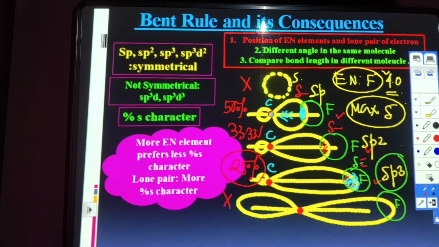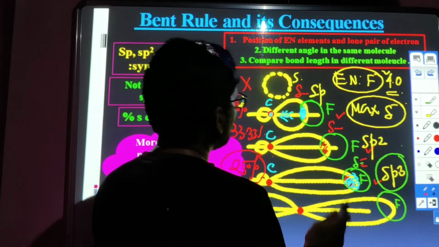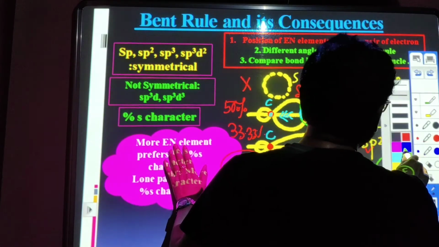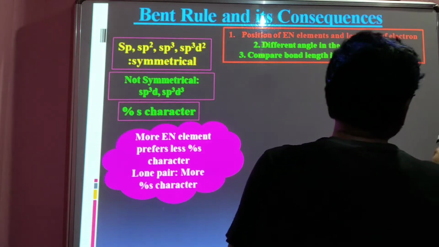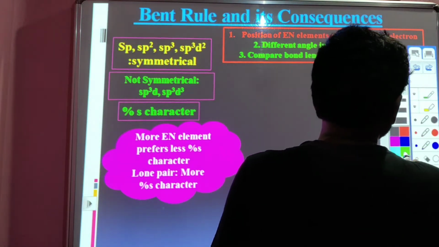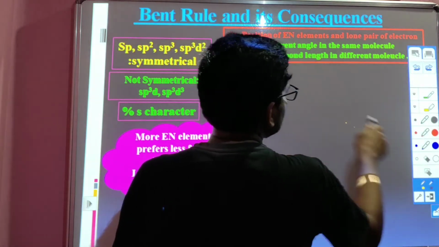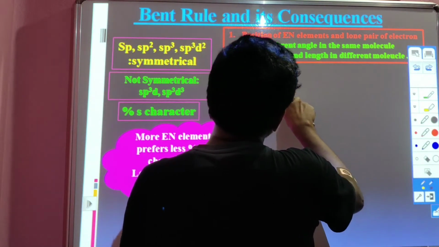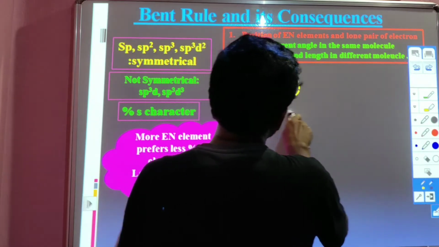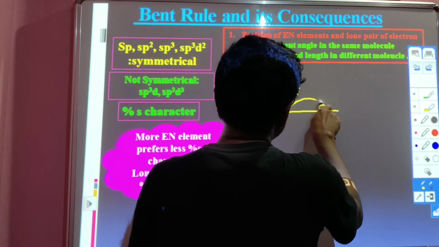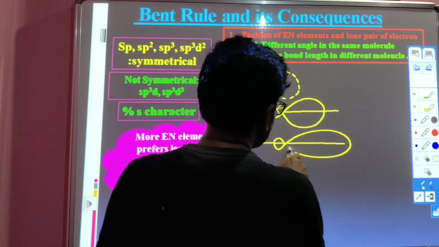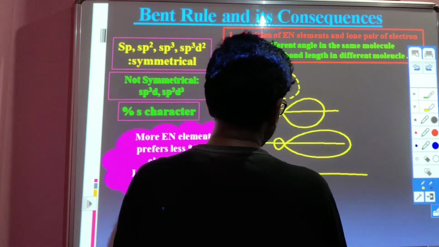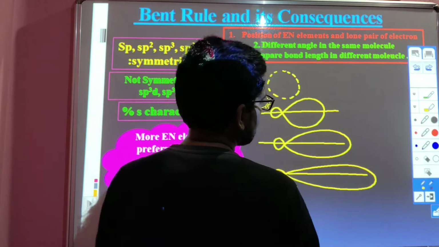And interestingly, now if I show you, this is s, this is sp, this is sp2, and this is sp3.